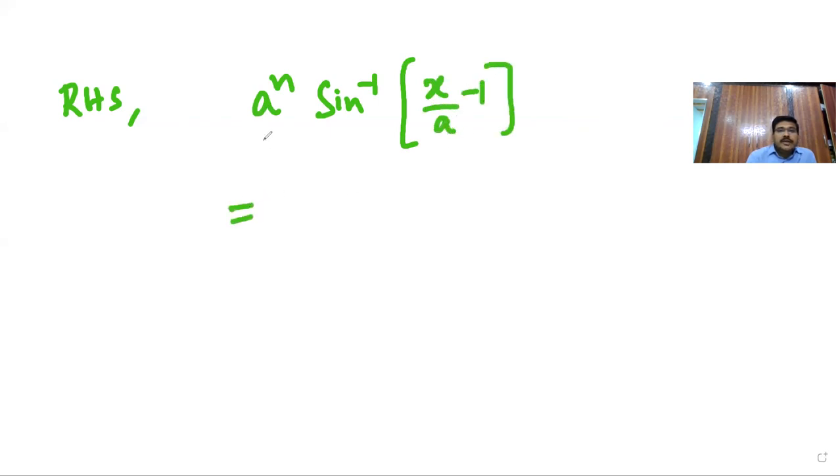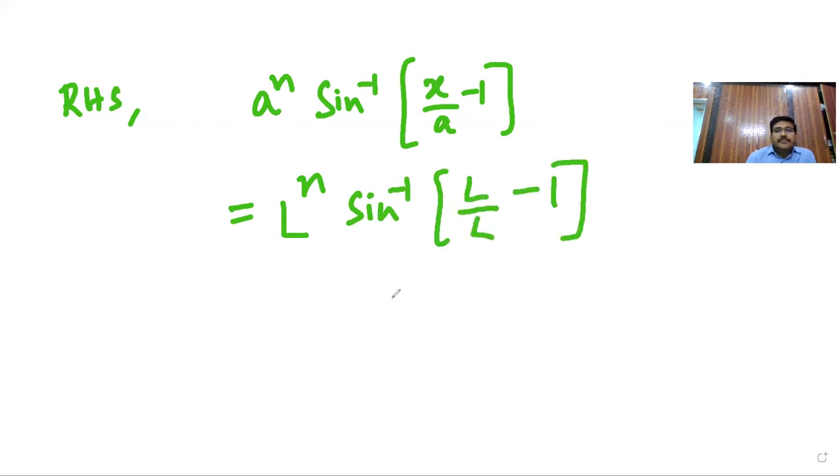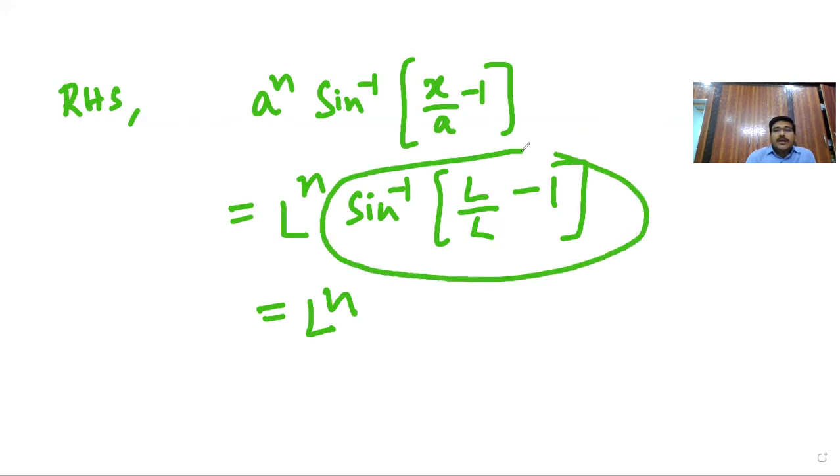If I simplify, a is the distance, so L to the power of n, sine inverse of L by L, since x is L and a is L, minus 1. So this is L to the power of n. The sine inverse term does not have any dimension formula. Clear? So the right hand side becomes L to the power of n.